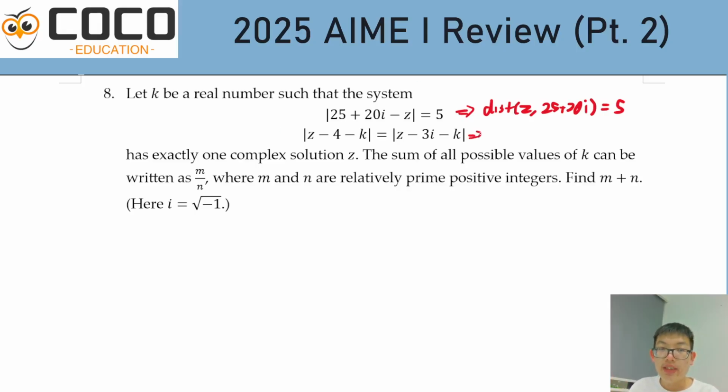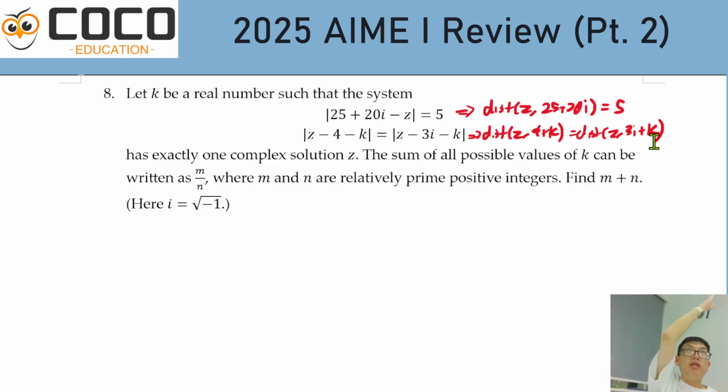Likewise, this is the distance between z and 4 plus k, and the distance between z and 3i plus k. 4 plus k and 3i plus k are both just points, and so this is basically a perpendicular bisector of those 2 points. So with that, I realized that this is a circle, this is a line, and it has one complex solution, meaning one intersection, which means that they are tangent.